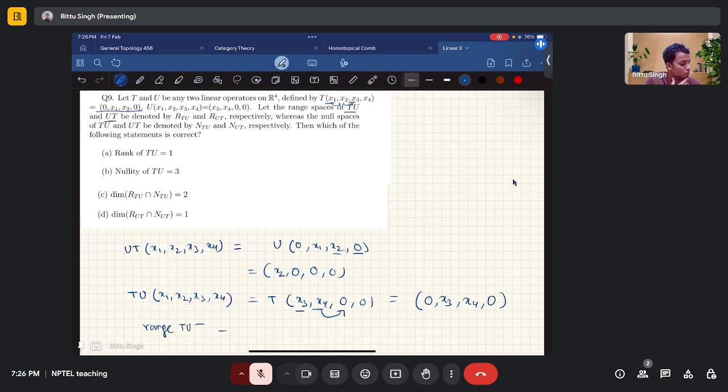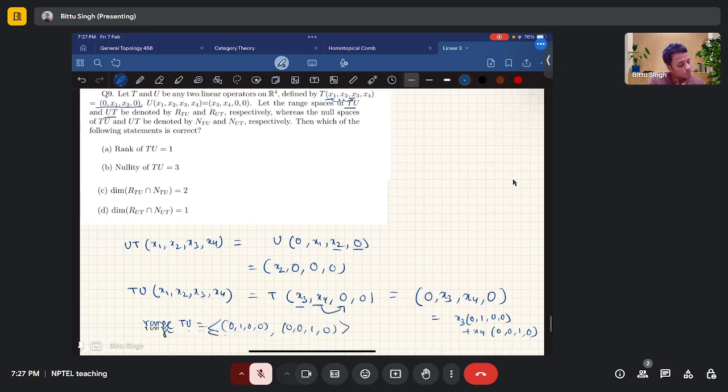So range of TU, this is actually generated by, so any element can be written as x3 times 0 1 0 0 plus x4 times 0 0 1 0. Those are linearly independent. So this is generated by E2, the standard, maybe let me write 0 1 0 0, 0 0 1 0.